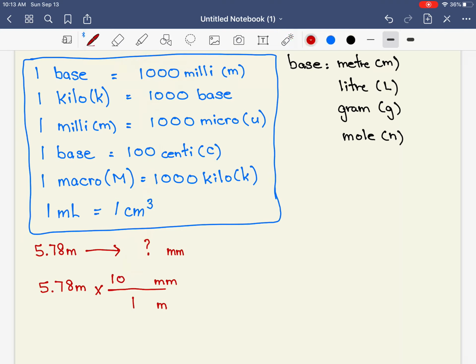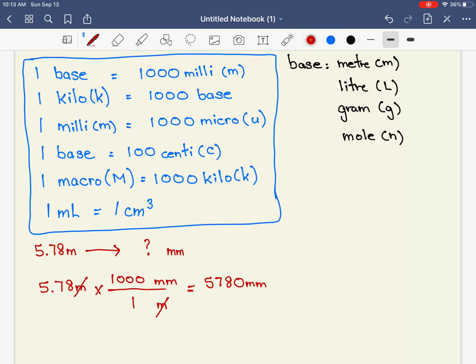So that goes in here, like this. For every 1 meter there is 1,000 millimeters. Now, just do the mathematical operation. You know that meters and meters cancel, and what's left here is millimeters. So this is nothing more than 5.78 times 1,000, which will give you this.